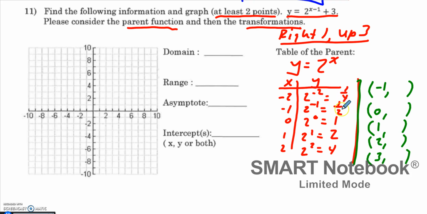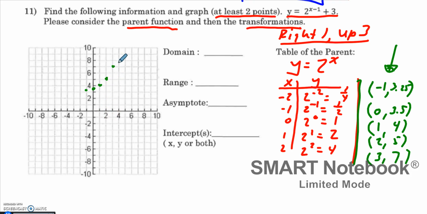And if we're going up 3 from all these values, 1/4 is really 0.25, so we'd have 3.25, 3.5, 4, 5, and 7. These are the points that we would graph before we answer any questions: -1, 3.25; 0, 3.5; 1, 4; 2, 5; and then 3, 7.